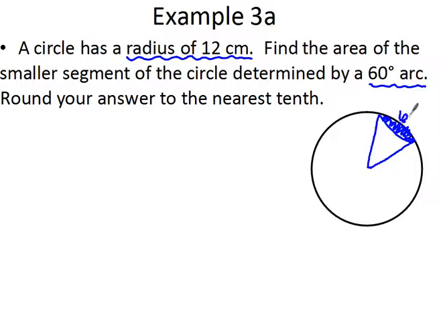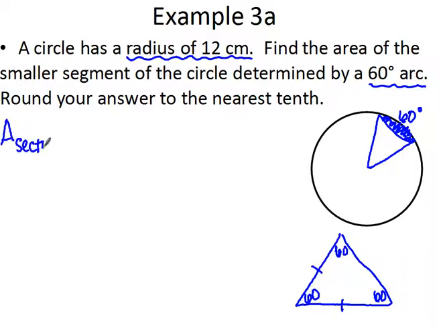And this is a 60-degree arc, so that means that this angle in here is also 60 degrees. Okay? So that triangle looks like this. And you know that two of the sides of the triangle are radiuses, so two of them are the same. So if you use your good intuition that you all have, that tells you that this triangle has to be equilateral. And that's helpful. Okay, so hang on to that thought for a minute.